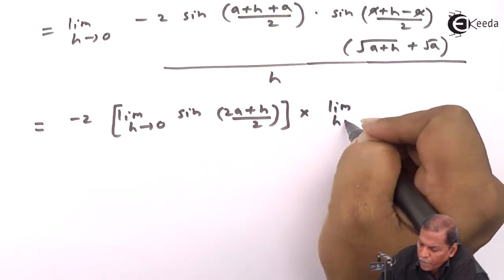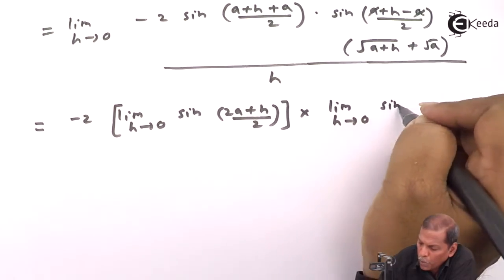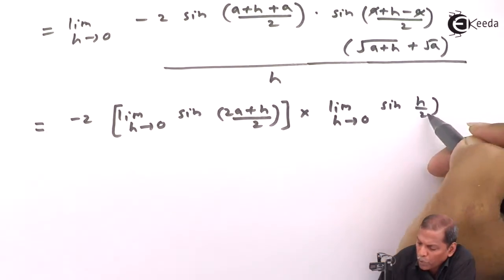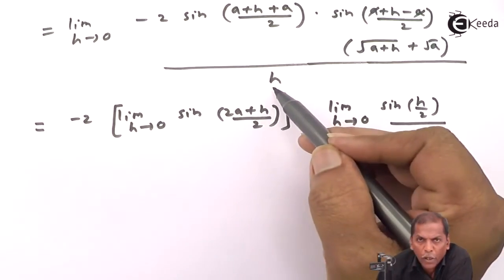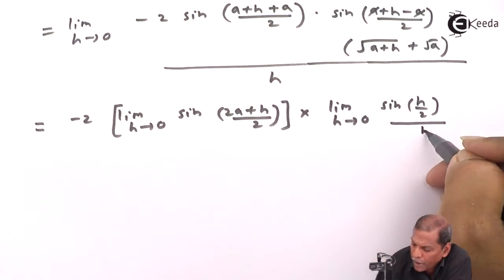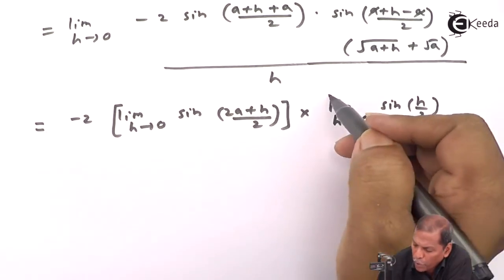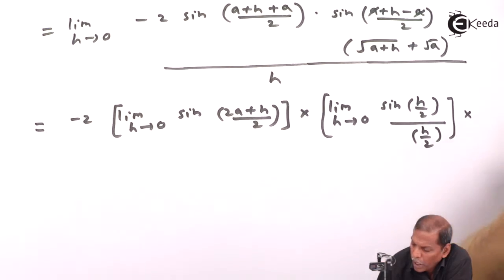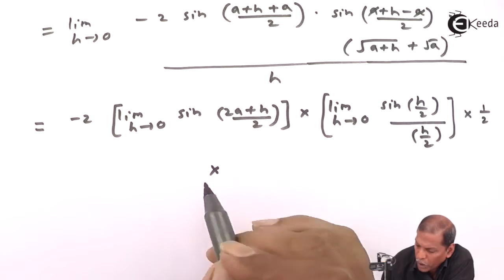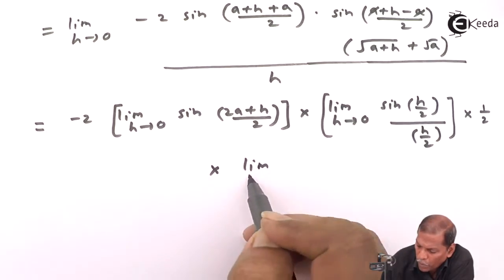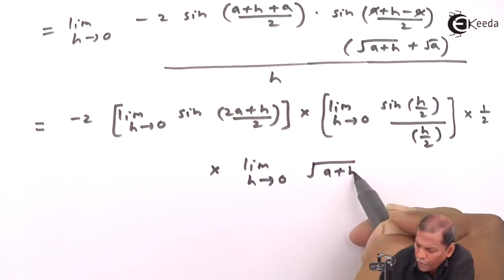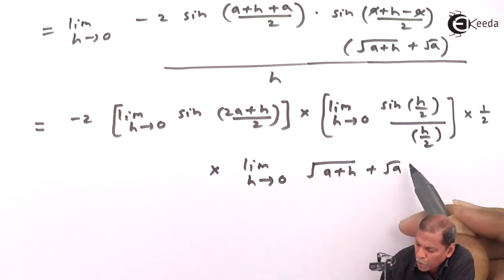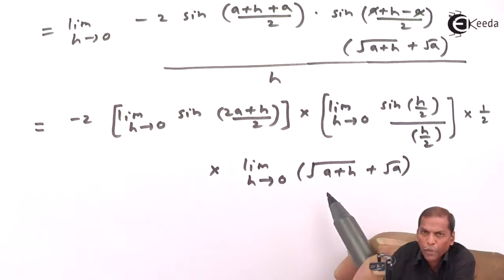So we are left with limit h tends to 0 sine of h by 2, and in the denominator we have only the term h, which can be written as h by 2 to get the rule, and into 1 by 2, into limit h tends to 0 square root of a plus h plus root a in the third bracket.